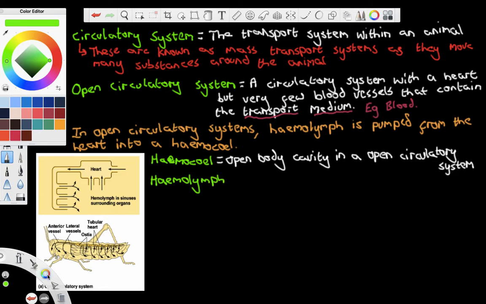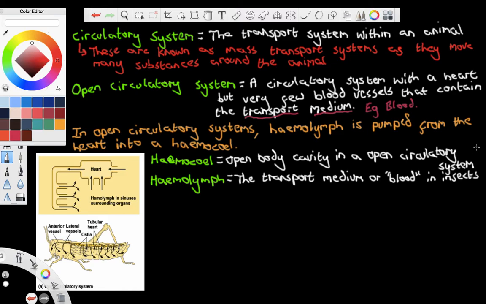Hemolymph can be defined as the transport medium in insects, the transport medium or "blood", in speech marks, because it's an equivalent of blood in insects.